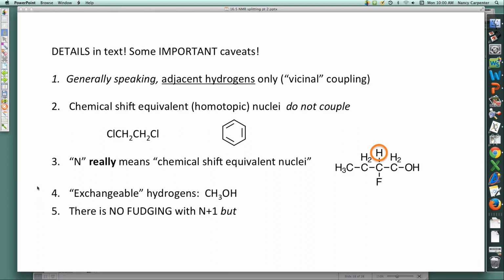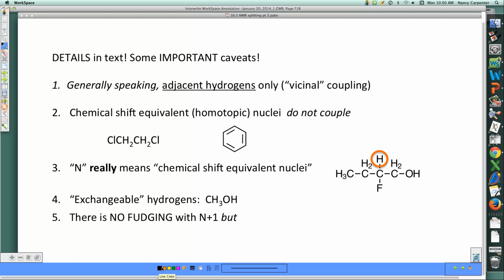Okay, the n+1 rule is a rock, an absolute rock. So if I'm looking at the NMR spectrum of a molecule and thinking, well, I think there's probably that substituent in there, this has no neighbors.